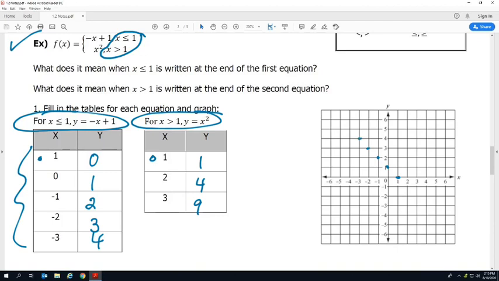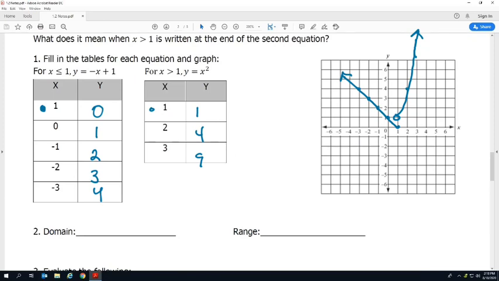So this is a linear equation that goes this direction for all the x's less than or equal to 1. And then here we have a quadratic equation that gets an open circle. And we have one way up here at 9. So it looks something like this. So that is your piecewise function graphed. All right, let's scroll down just a little bit.